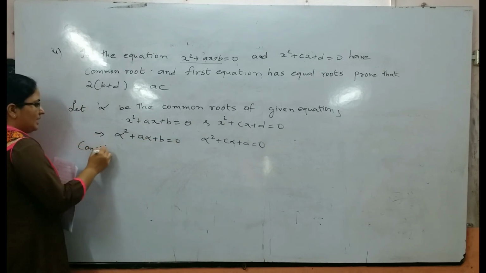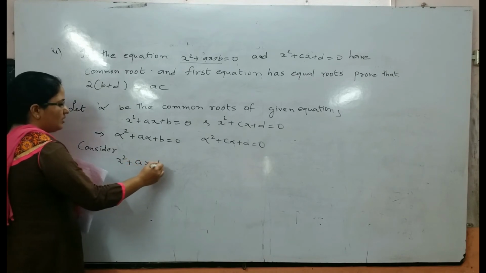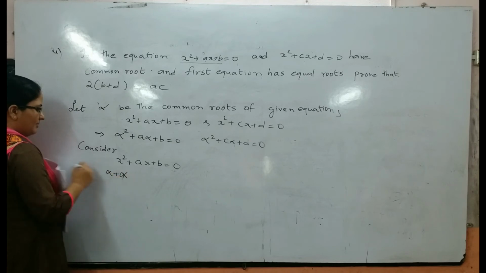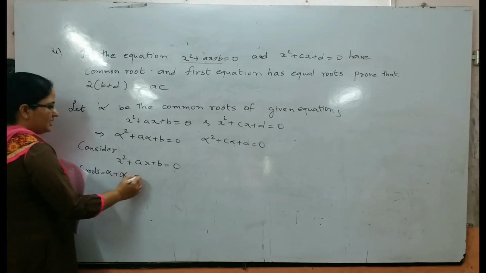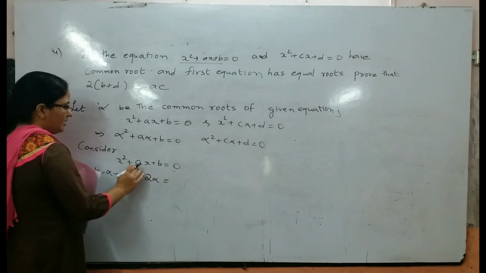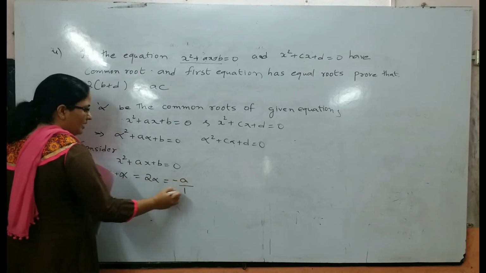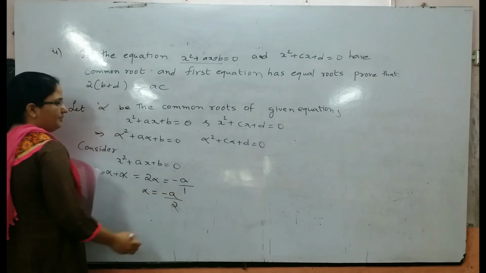Consider x square plus ax plus b is equal to 0. Here the sum of roots, alpha plus alpha, that is equal to 2 alpha, that is equal to minus b by a. Here it is minus a by 1. Alpha is equal to minus a by 2.